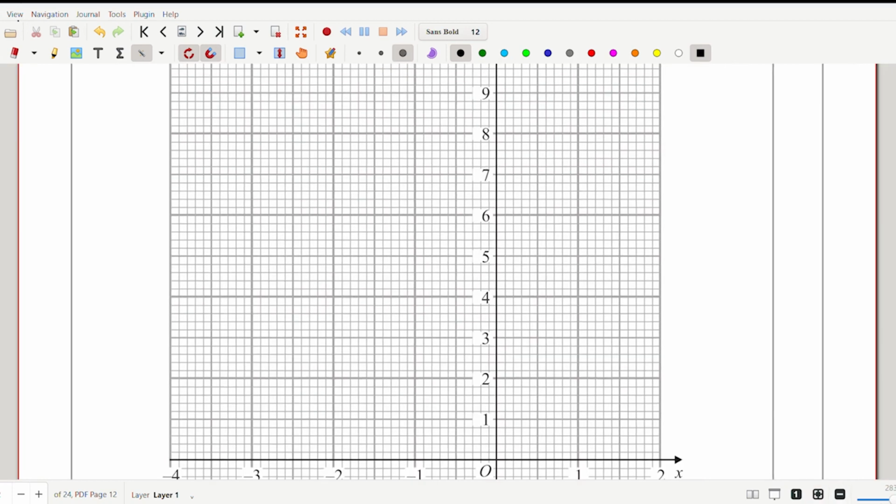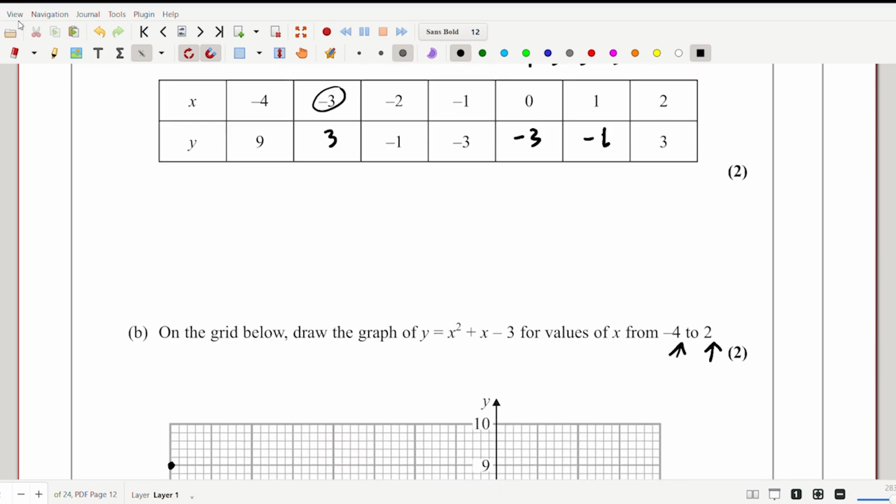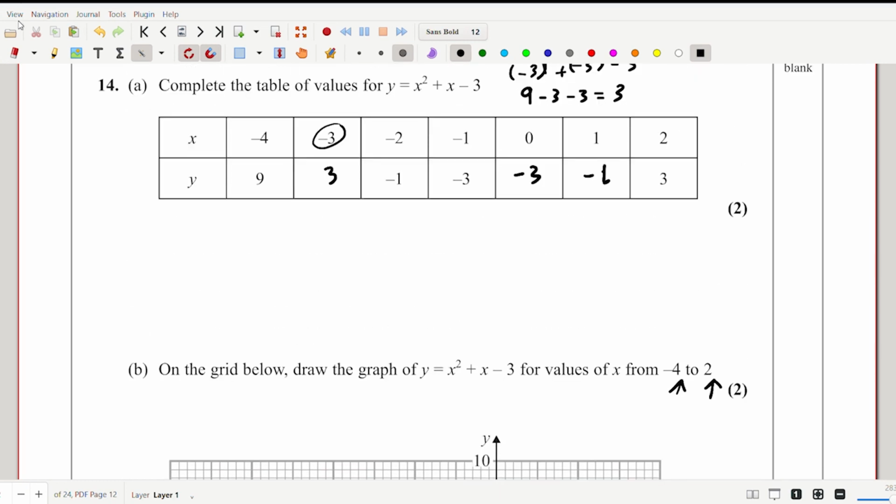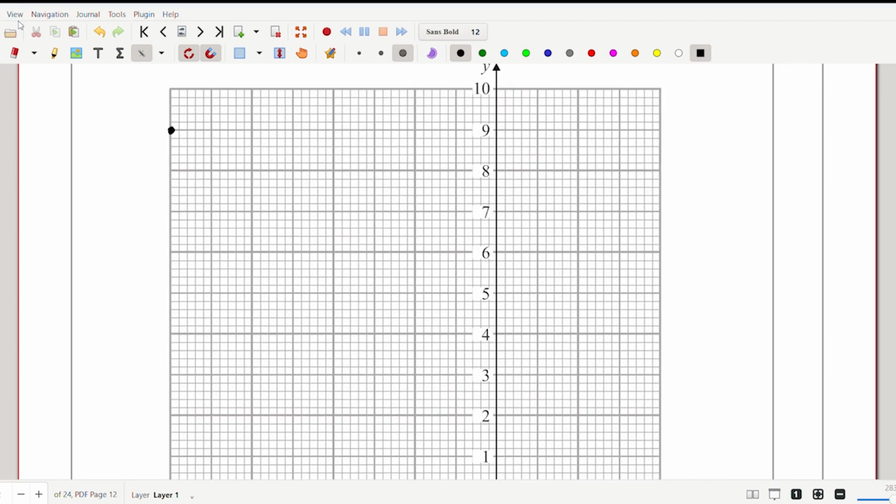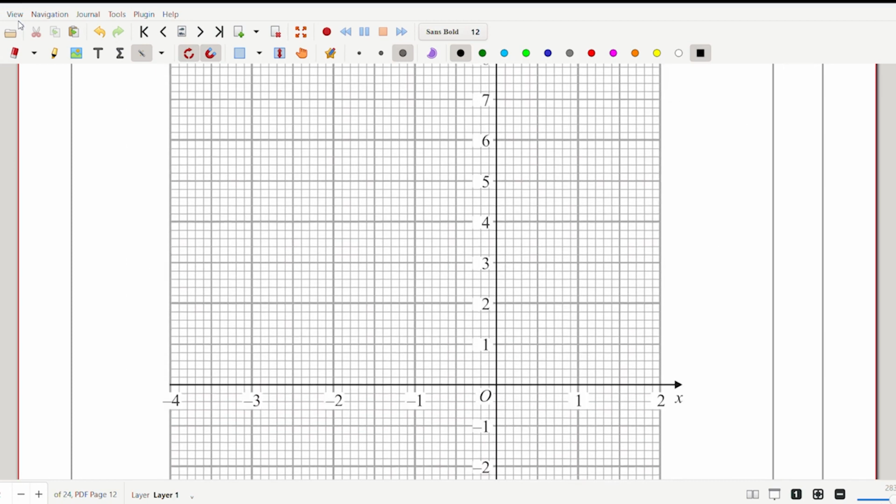Minus 4 is here, 9 up, so it will be here. Now the second point, we have minus 3 and 3, so it's here. Then we have the point minus 2 and minus 1, minus 2 on x and minus 1 on y.